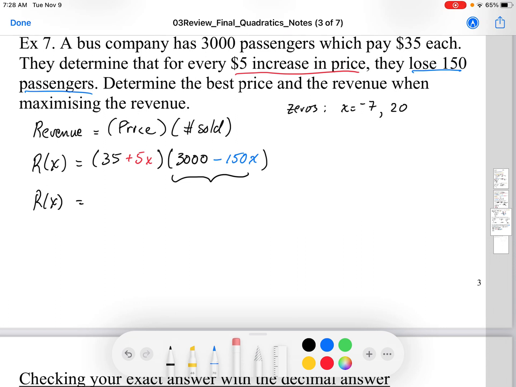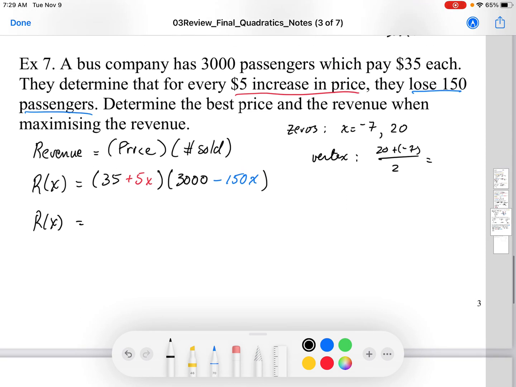Okay, so those are going to be our x values. And then halfway between, to find the vertex, is going to be the average of those two, so the vertex is going to be at 6.5.